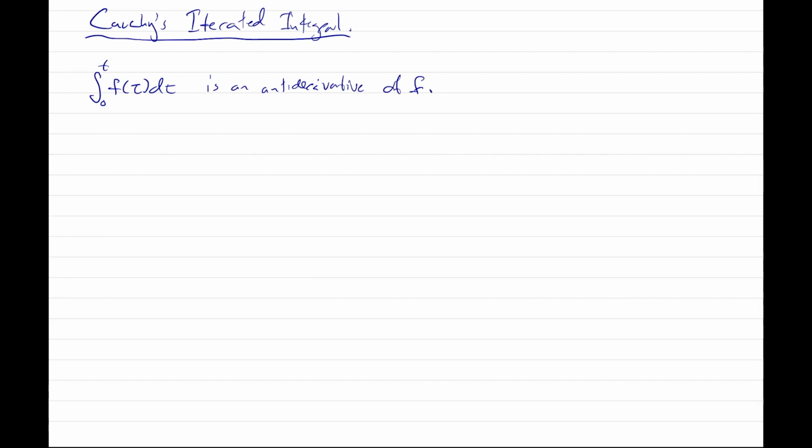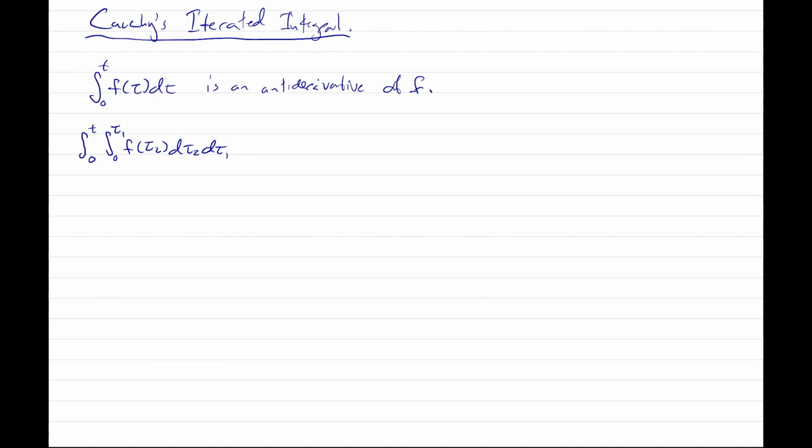But now we'd like to find a second antiderivative. And so for instance, I can write the integral from 0 to t, integral from 0 to, say, tau 1 of f of tau 2 on the inside, d tau 2, d tau 1.